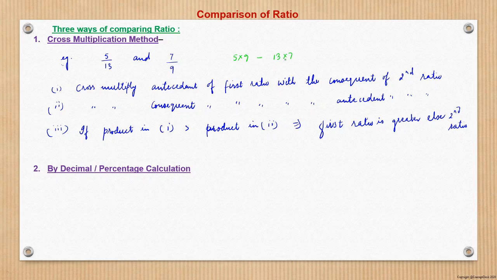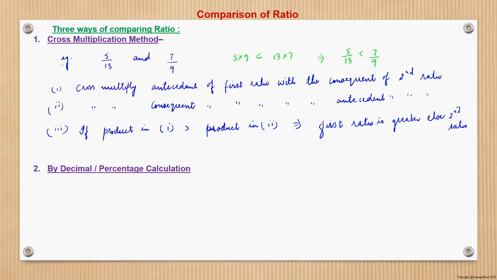This is 45, this is 91, so this is less than sign. Since the first product is less than the second product, the first ratio is less than the second ratio. So we will say that 5 by 13 is less than 7 by 9, right? This is one of the very useful tools, especially in DI, data interpretation segment of CAT.